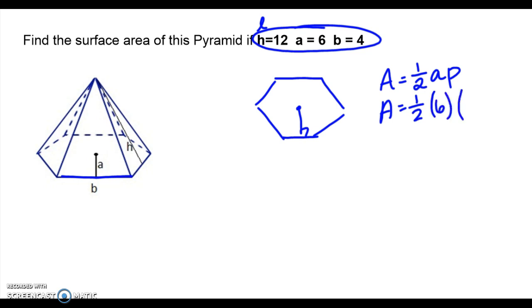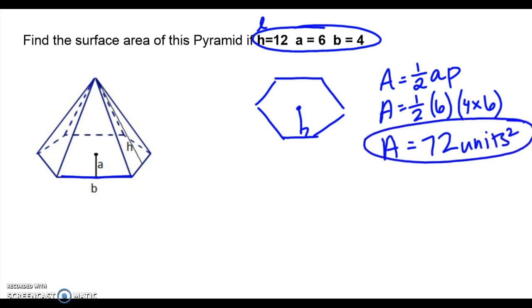And then our perimeter is going to be 4 times, we have 6 sides. So if I type all that in, 1/2 times 6 times 4 times 6, we end up with an area of our base of 72 units squared.